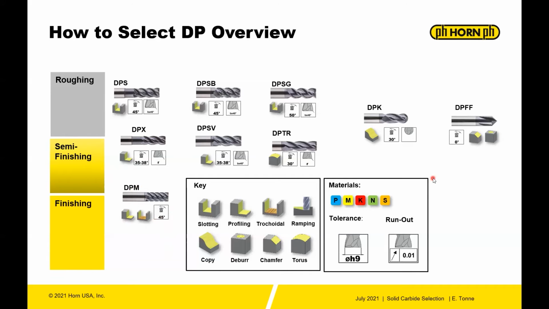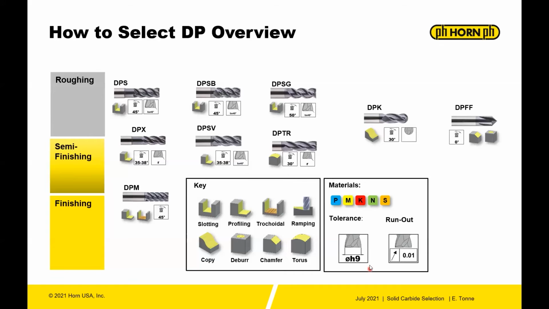As you can see with the DP tools, very, very good run out on the tool, and they cover a range of materials. So these are going to be your more, I wouldn't say they're high performance end mills, but they're going to cover a broad range of applications.